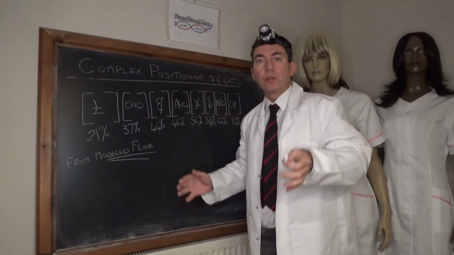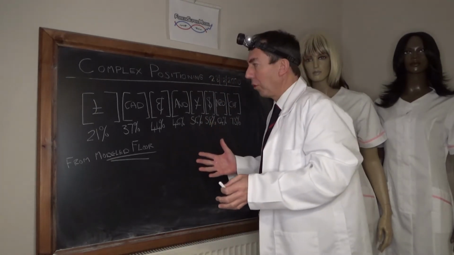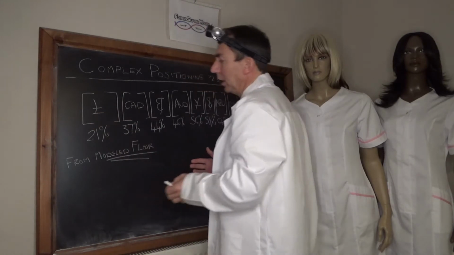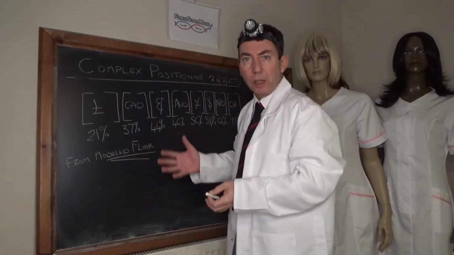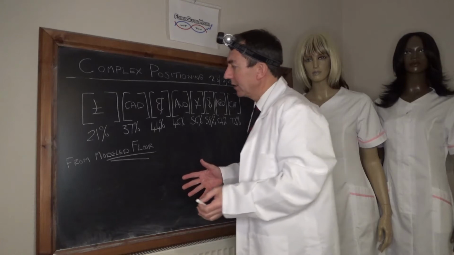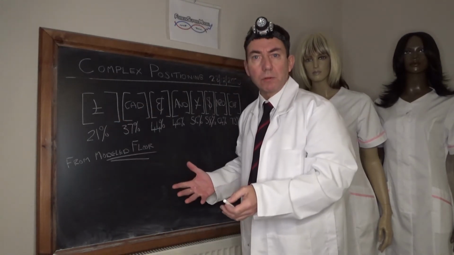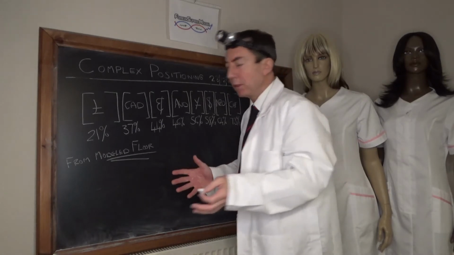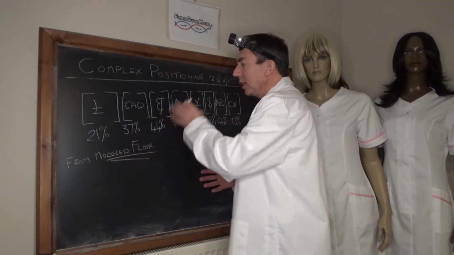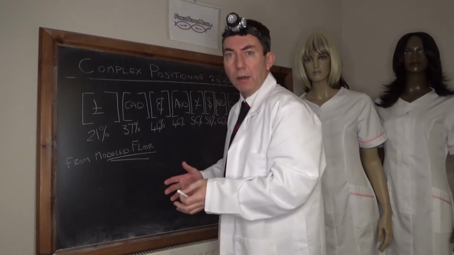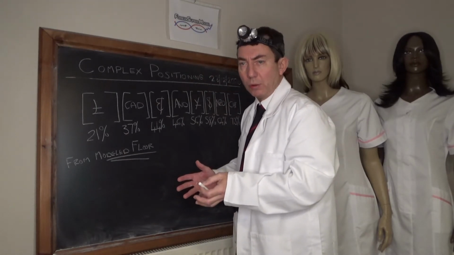So if you're trading going forward, anything to do with the pound, you know that the pound complex as a whole, made up of the 7 FX pairs which feature the pound, is 21% above the modelled floor, not muddled, but the modelled floor, and it's the weakest complex of them all.